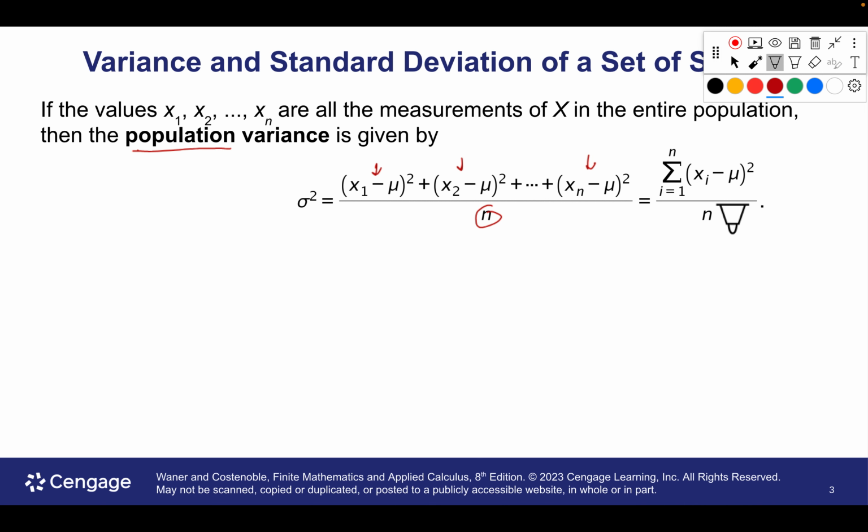So we unsquare it, because that was a manipulation to make it positive. If we unsquare it by taking a square root, then we get something that's meaningful. But you'll see they call this the variance, which is sigma squared.